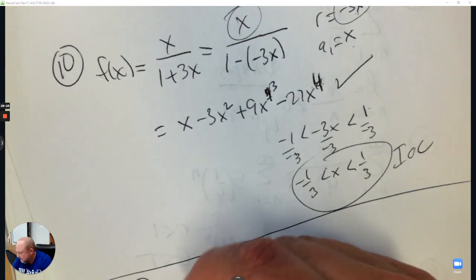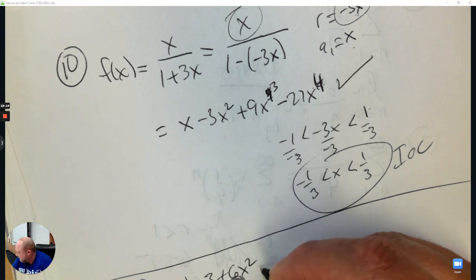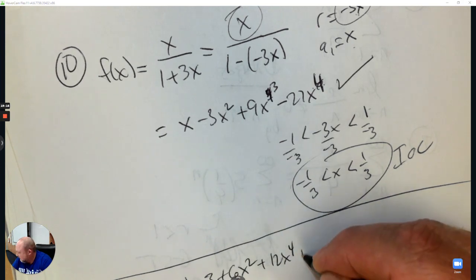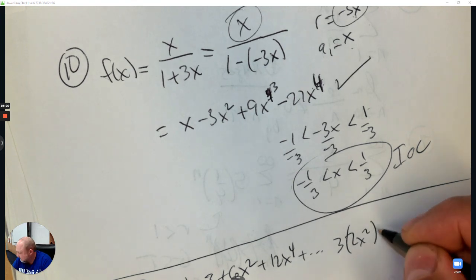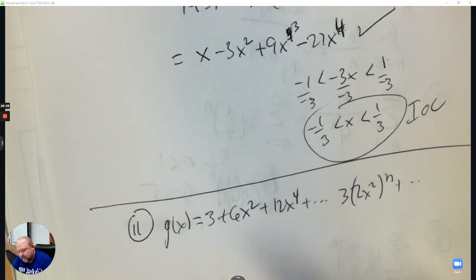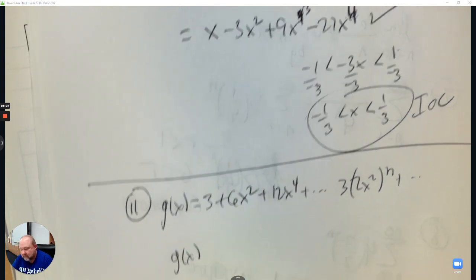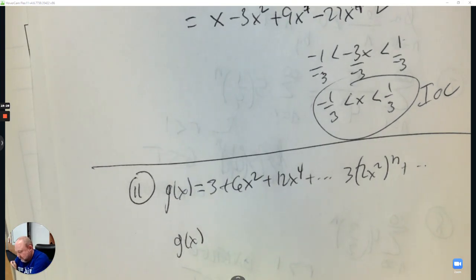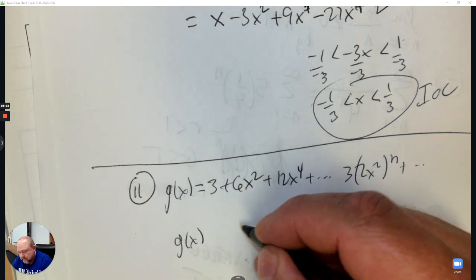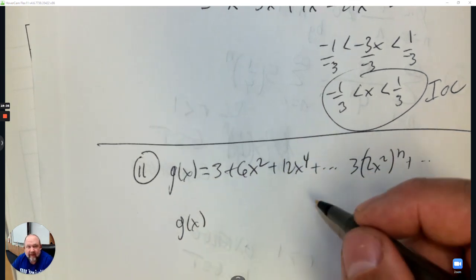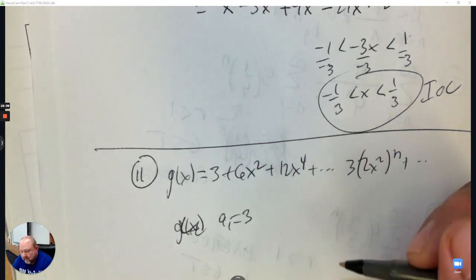You're given a series 3 plus 6x squared plus 12x to the 4th, and so on, with a general term of 3 times 2x squared to the n. So it says write a function for g of x. So the first term, because you're multiplying every time by the same thing, a1 is 3.